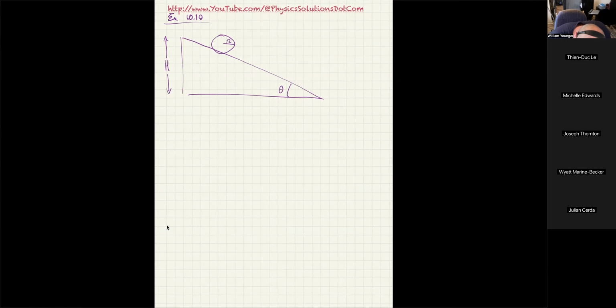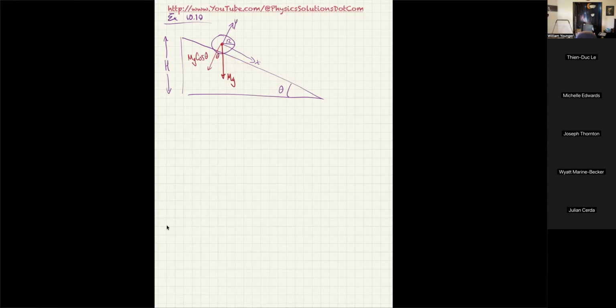So the force acting on it actually acts at the center of mass. So this is mg acting that way. However, we can tilt our coordinate system to make this the x-axis and this the y-axis, and then we can break this force up into mg cosine theta, because if this angle right here is theta, then this angle is 90 minus theta, and this angle is also theta.